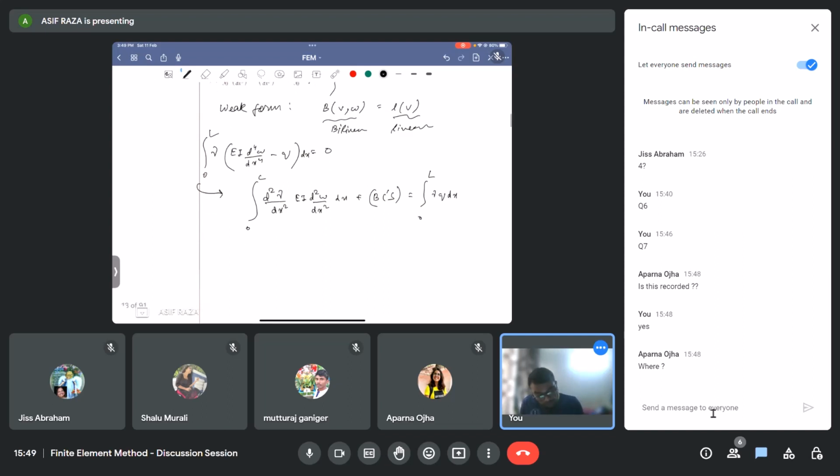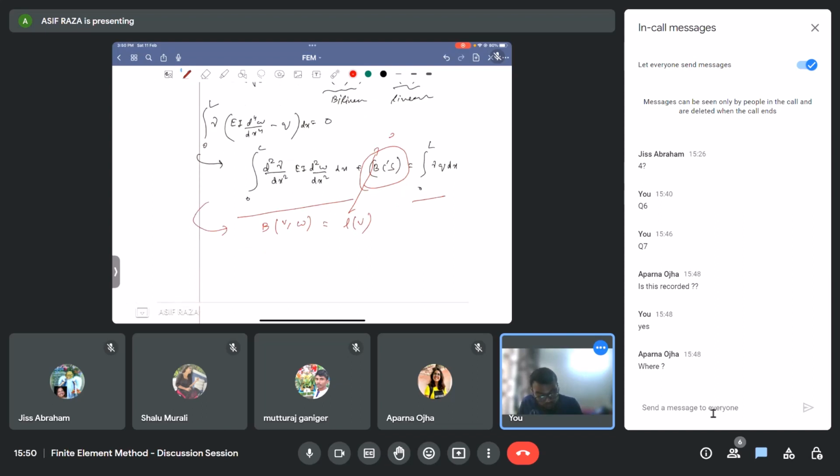When we substitute the boundary conditions, the boundary terms can be removed. So this is B(v, w), and this is L(v). So this is my weak form.